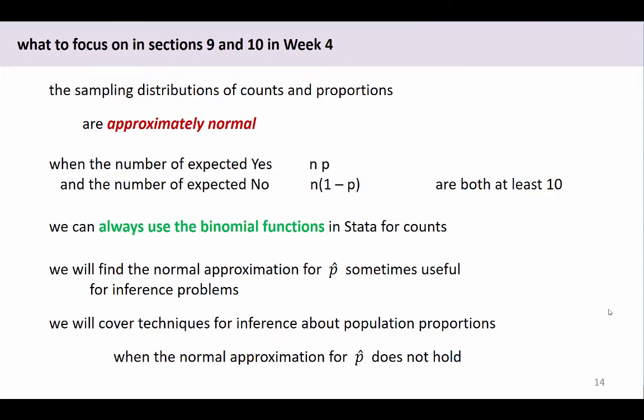The normal approximation is sometimes useful, particularly for inference problems. And when we work through the material in weeks 5, 6, and 7, we will be sure to cover some inference techniques for population proportions when the normal approximation does not hold. Stata will make that easy to do.